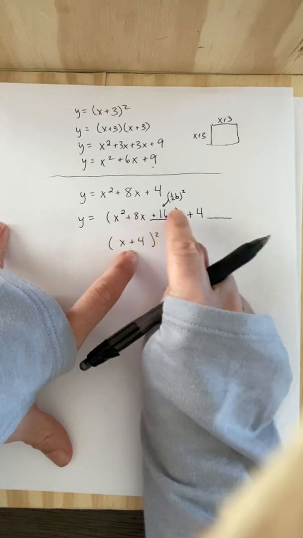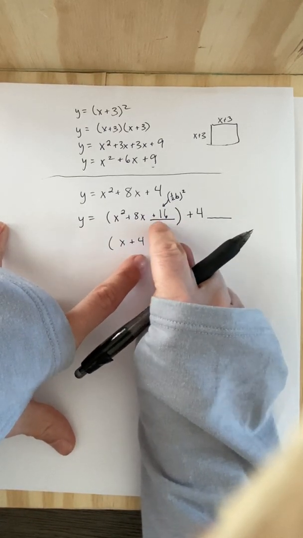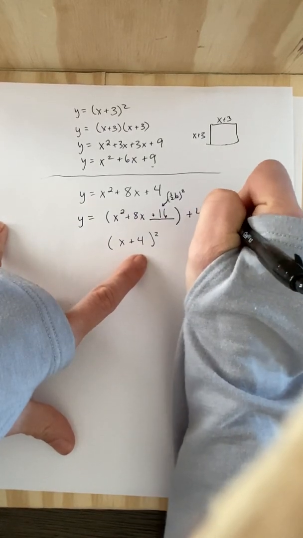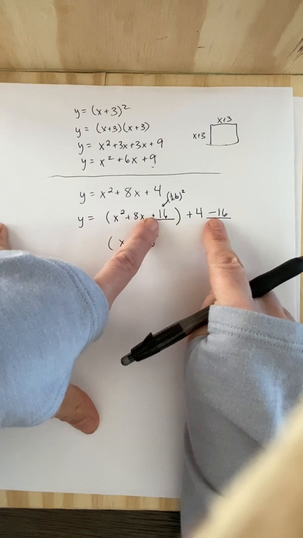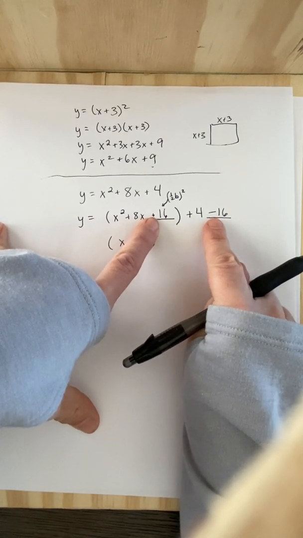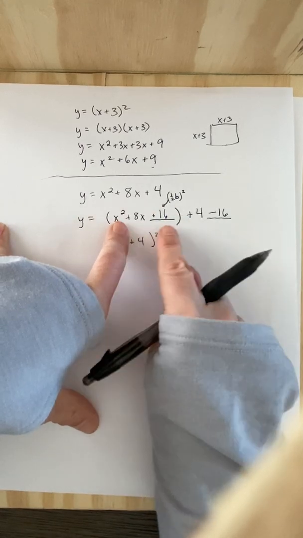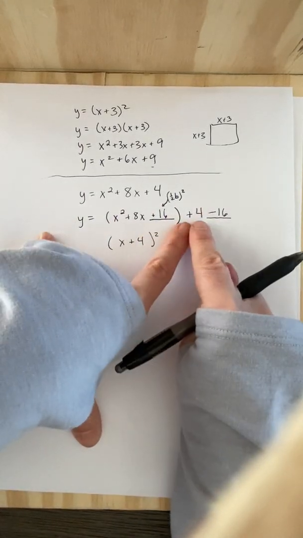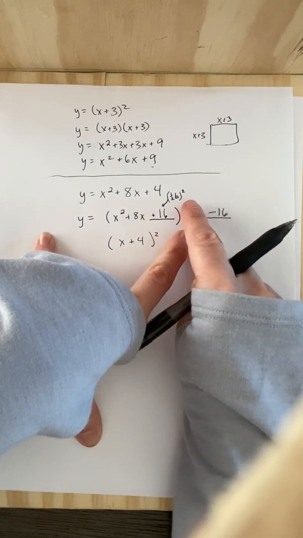But I can't just add 16 to an equation and not change its value. So I'm also going to subtract 16 out here. Really what we've done is added 0 to the equation, which doesn't impact it at all, but it gives us the structure that we're looking for.